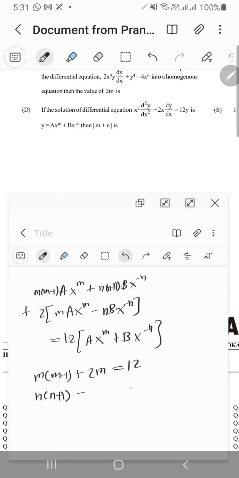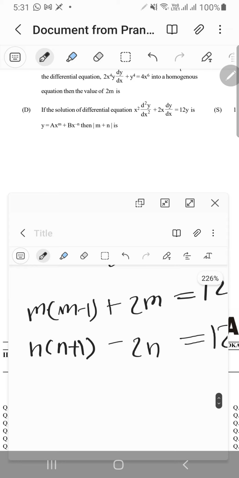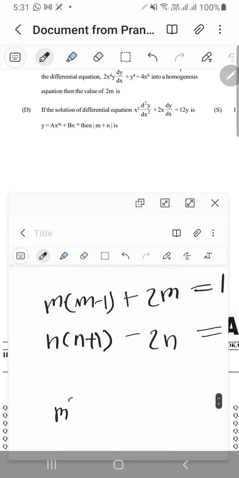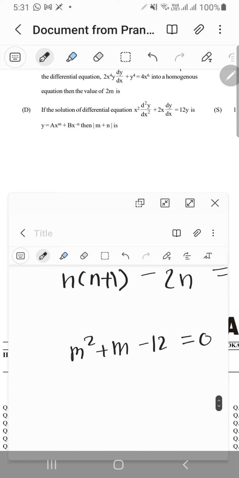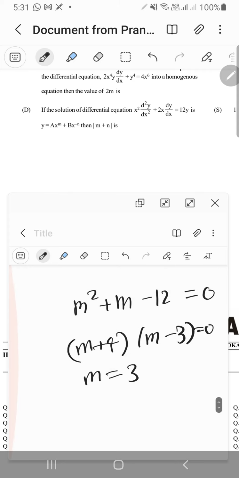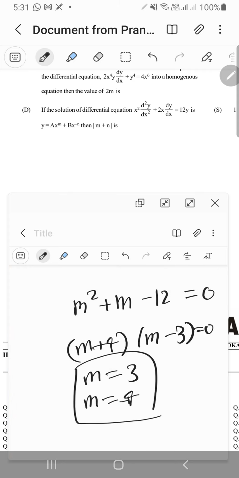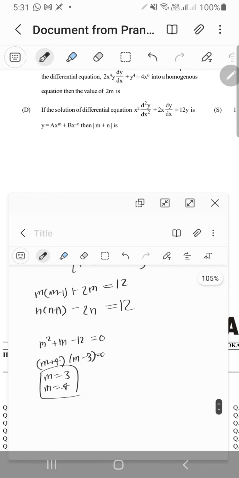These are the equations. Cool, let's just solve them. So m squared plus m minus 12 equal to 0, right? Of course it's m plus 4 into m minus 3 equal to 0. So m is 3 or m is minus 4. That's the thing.